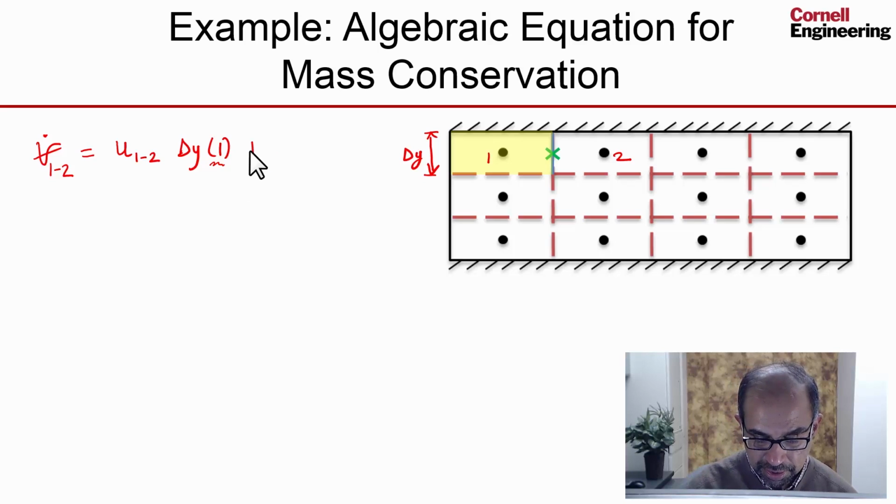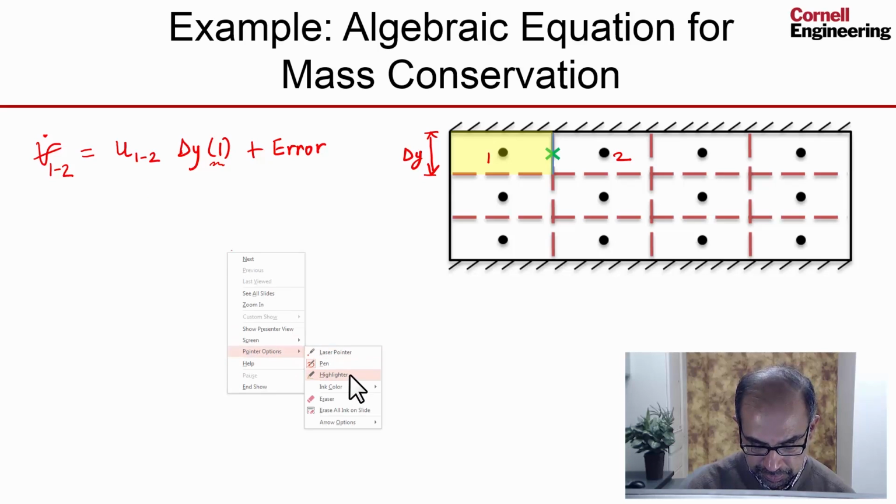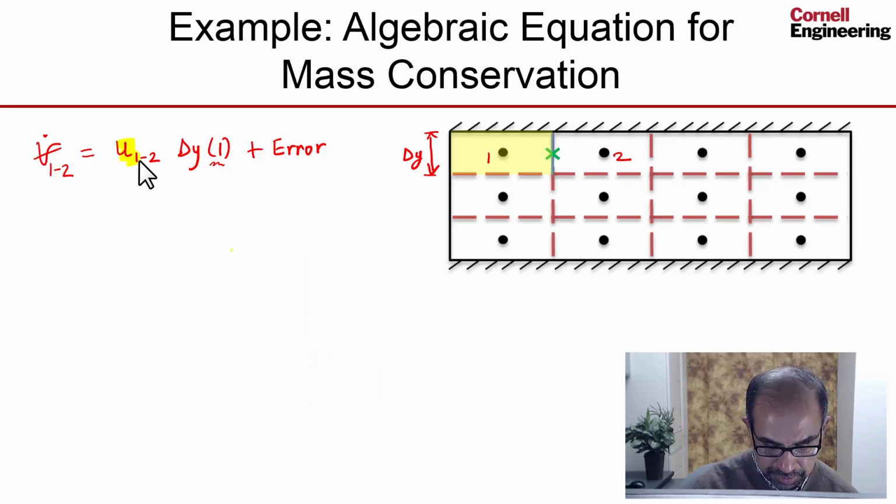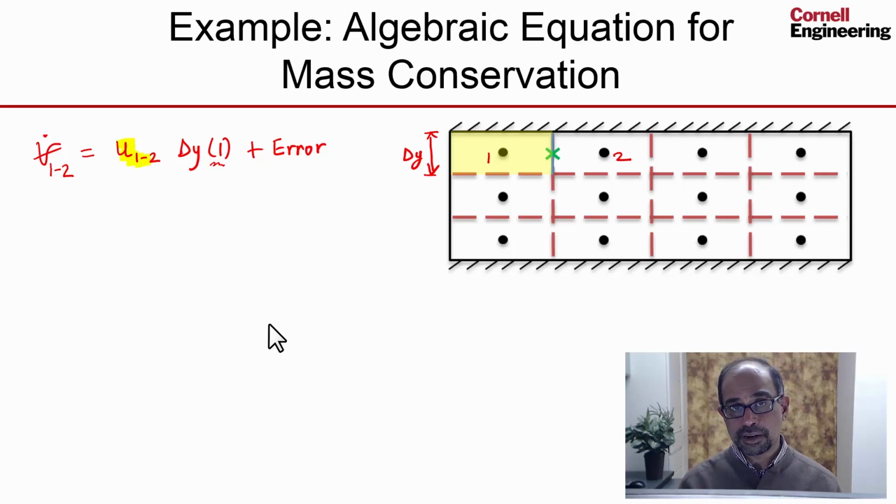And there is an error when we write that down, because we have assumed that this velocity value here is equal to the average for the face, which is an approximation. We will quantify the errors, or get a better idea of the errors, a little bit later on when we talk about the order of accuracy. Now this velocity here I'm not calculating directly.